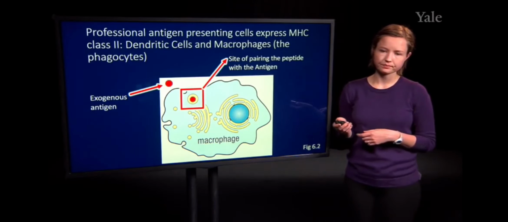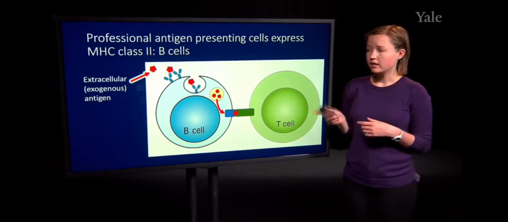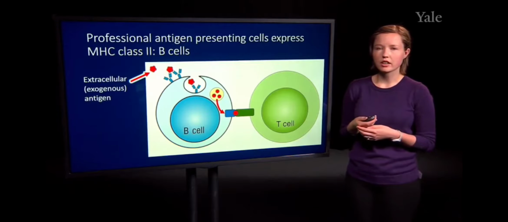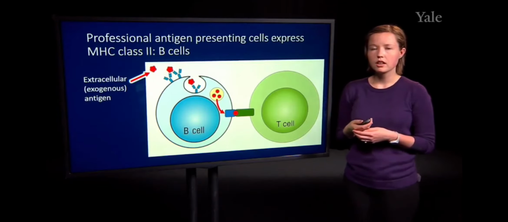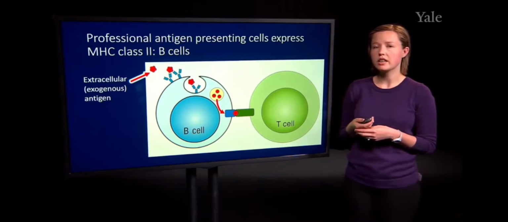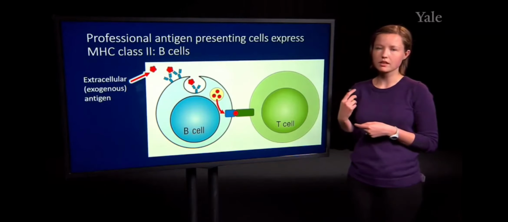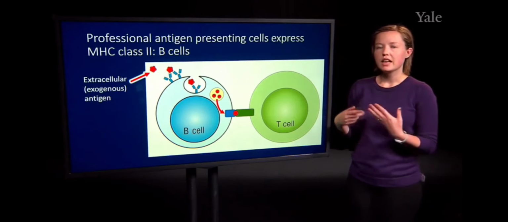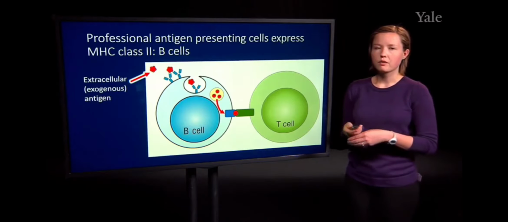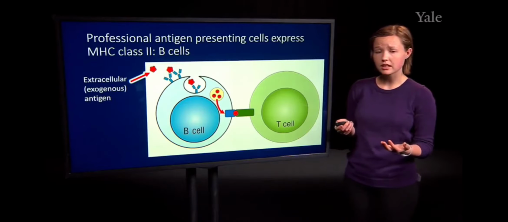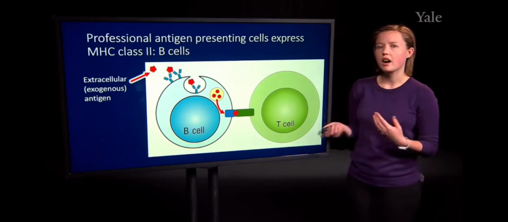In later lectures, you'll come to appreciate that this interaction of MHC class 2 is particularly important for B cells as well as a way to communicate with T cells during an immune response, because T cells will help to inform and activate B cells. And so in addition to this being a way for T cells to interact with antigen-presenting cells such as dendritic cells, B cells rely on this as a way to communicate with T cells during an immune response.